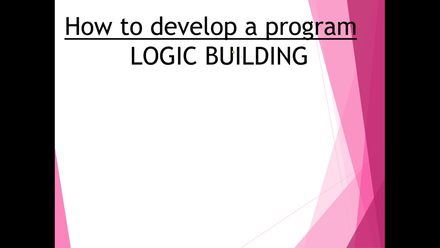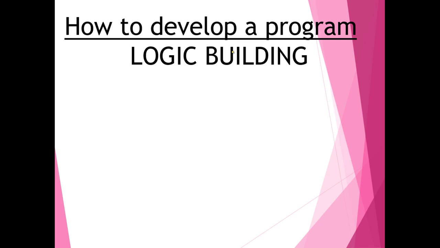As I told you, to develop a program we have to prepare the logic first, and then we write the code. Is there any formula or any steps for building the logic? Yes, there are some steps that you have to follow in order to develop the logic of a particular program.